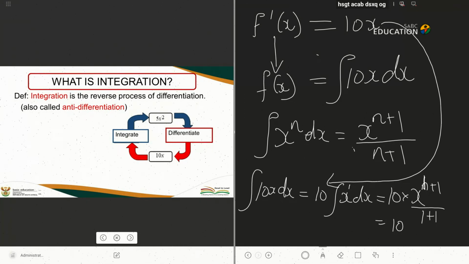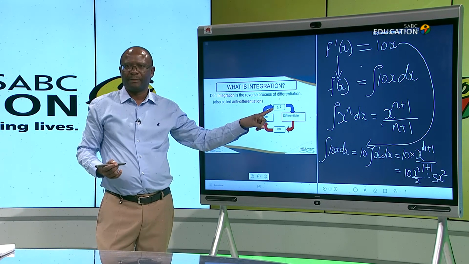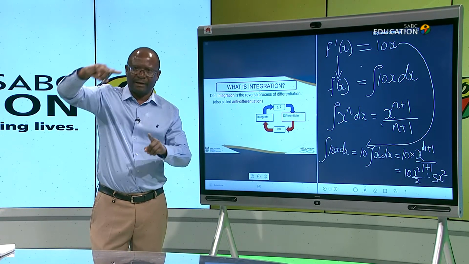Therefore this will be equal to 10 times x squared over 2. Then 10 divided by 2 is equal to 5. Therefore the answer will be 5x squared, which is where we started from. It becomes the reverse process.